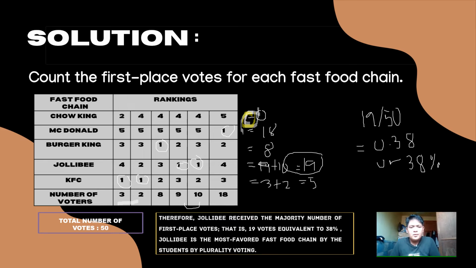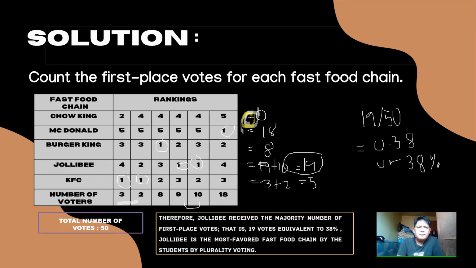So therefore, Jollibee received the majority number of first place votes, which is 19 votes, or equivalent to 38%. Jollibee is the most favored fast food chain by the students using the plurality method of voting.